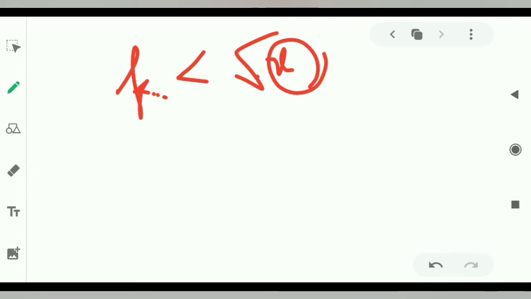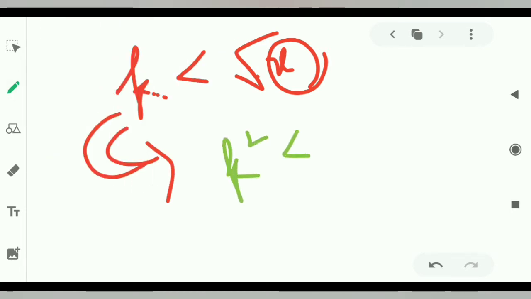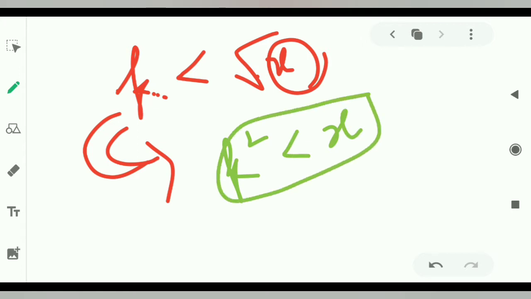Here, x is nothing but the given number, and this equation can also be written as k square greater than x. So, we are going to find the least positive value of k, which is nothing but the nearest square number to x. Okay, we are going to find the minimum square number which is greater than the given number.